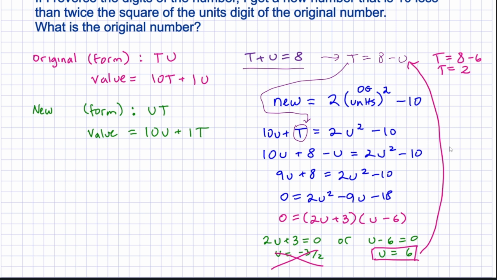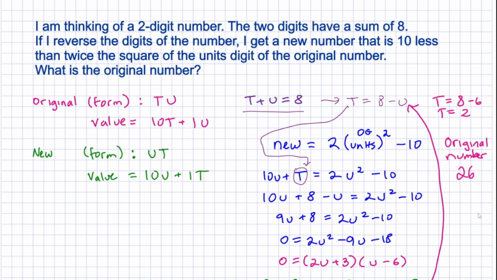T was the original number's tens digit, and u was the original number's units digit. So our original number is 26.